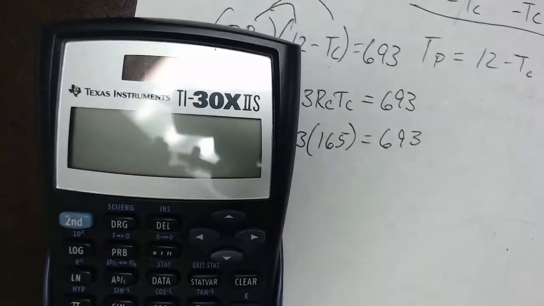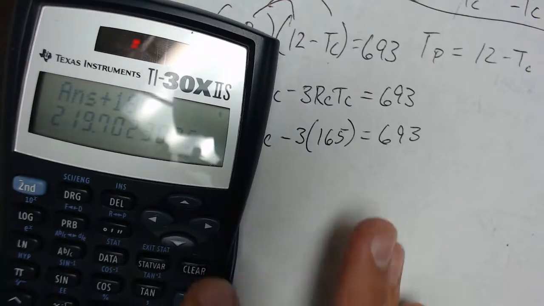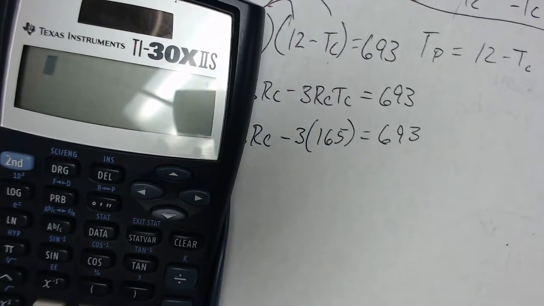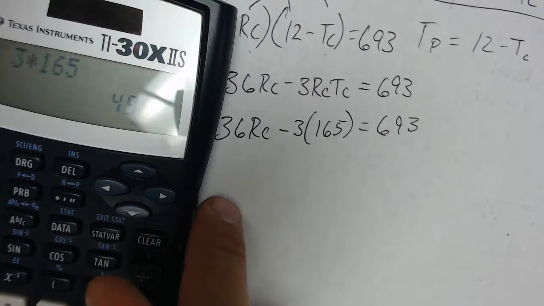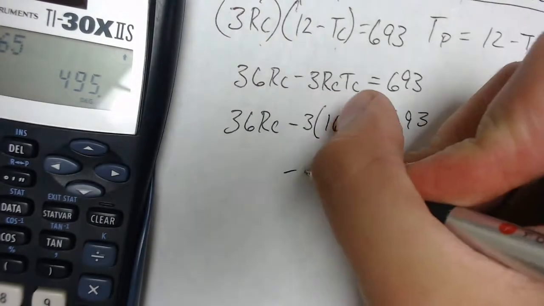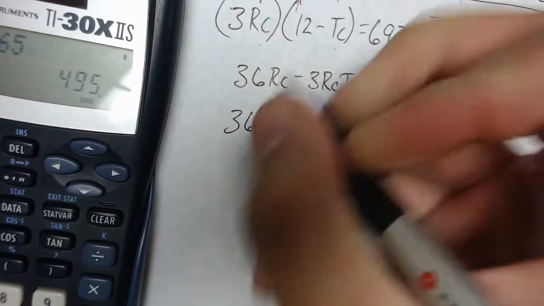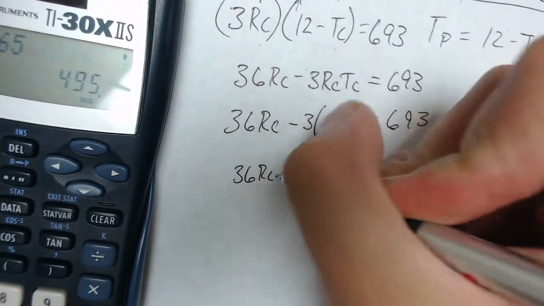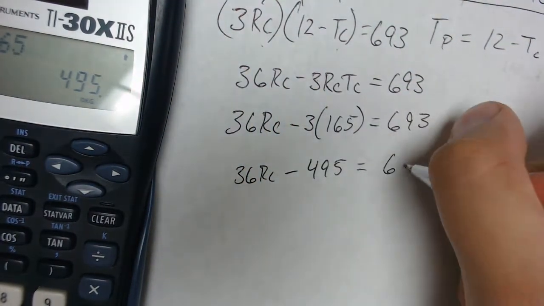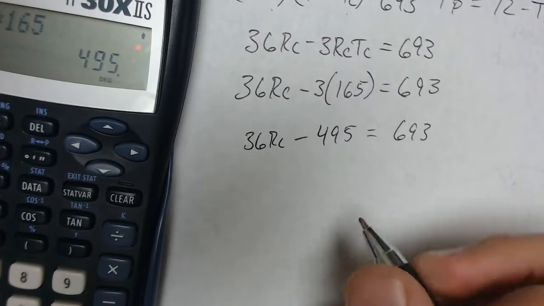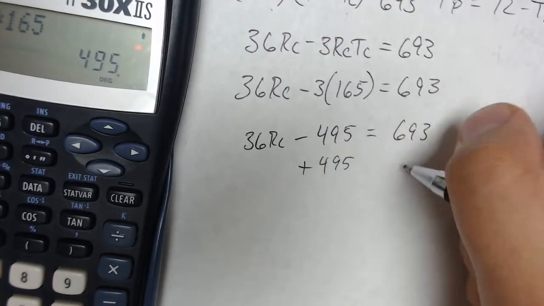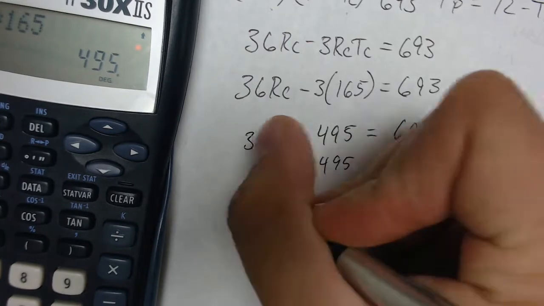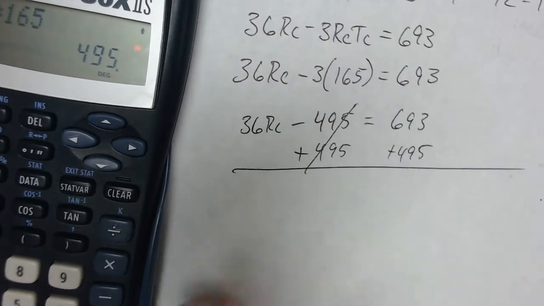And since we are allowed to use calculators now, we'll go ahead and multiply 3 times 165. Gives me 495. So this is minus 495. So I have 36 RC minus 495 equals 693. I'm going to get that all by itself by adding 495 to each side. That side cancels.